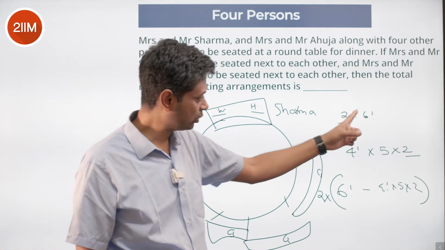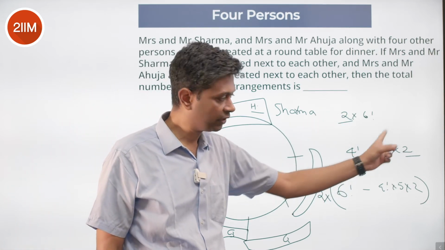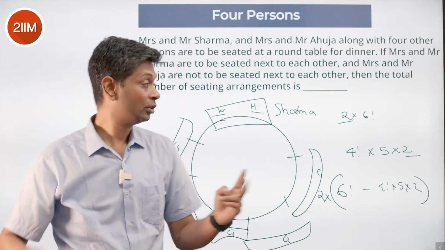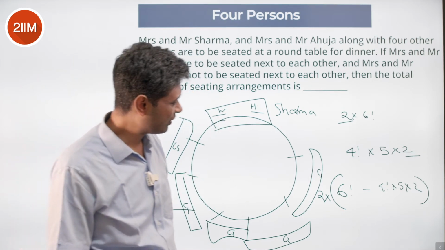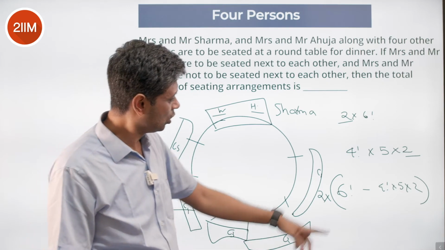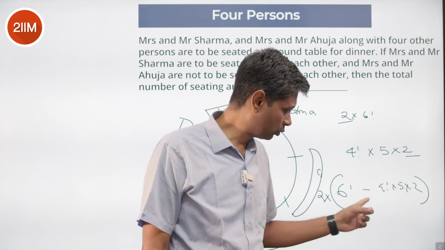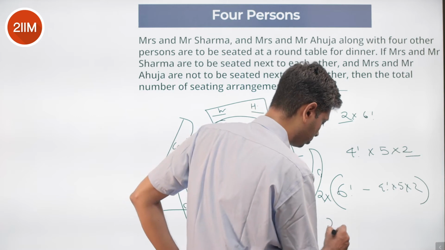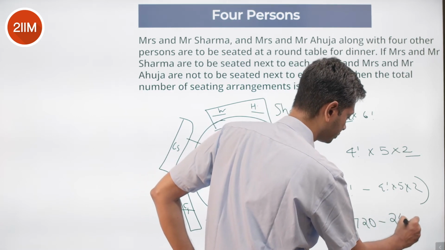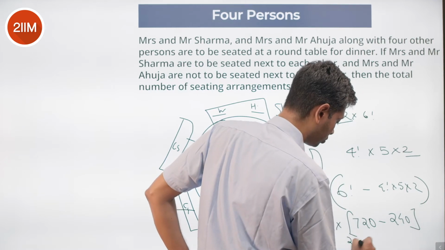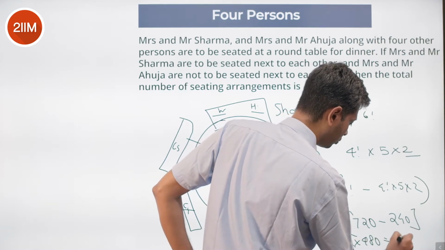So 6 factorial minus 4 factorial into 5 into 2, whole thing into 2. 6 factorial is 720. 5 into 2 is 10, 4 factorial is 24, this is 240. It's 2 times 720 minus 240, which is 2 times 480, which is 960.